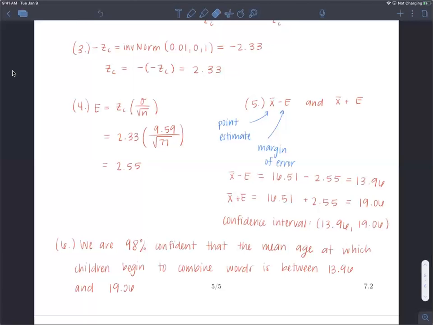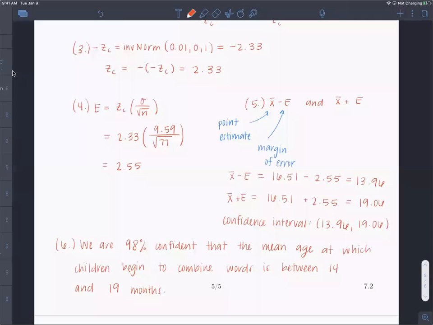Or you could even just round this to say between 14 and 19 months. And so that's what your interpretation would look like.